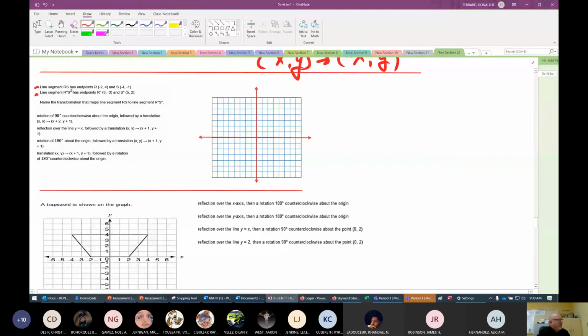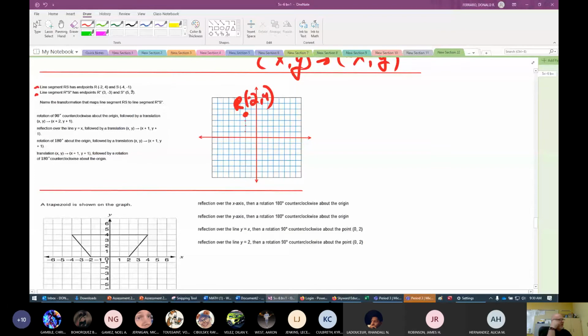So I've got RS, which has endpoints -2 comma 4. So I go left 2 and up 4. 1, 2, 3, 4. And that is going to be my R point, which is -2 comma 4.